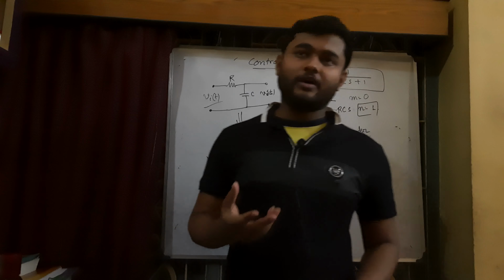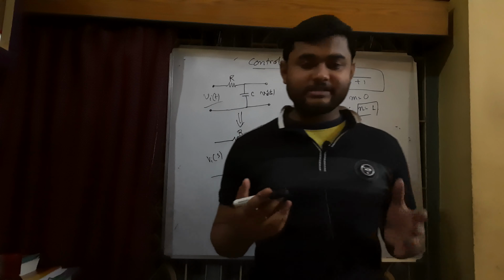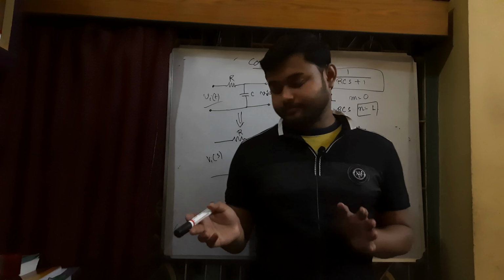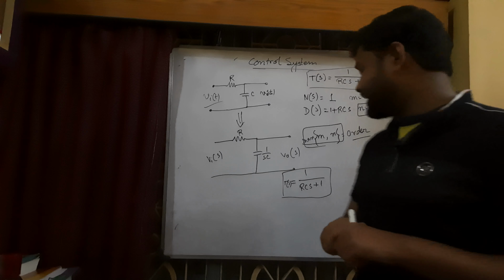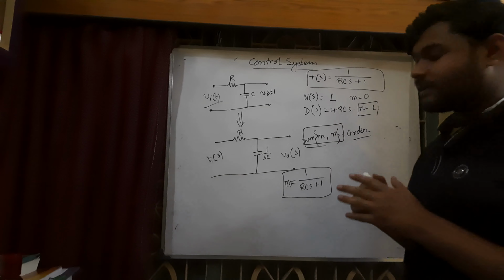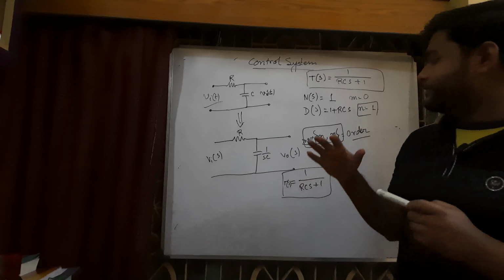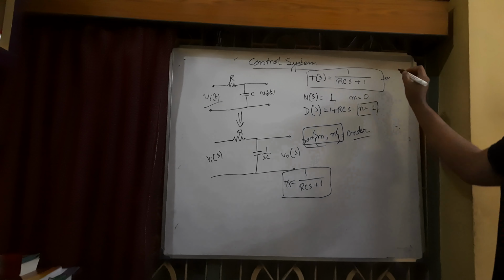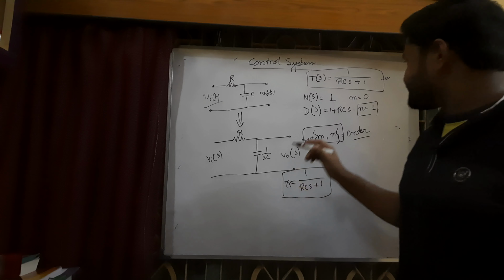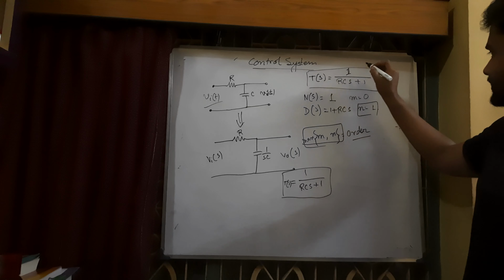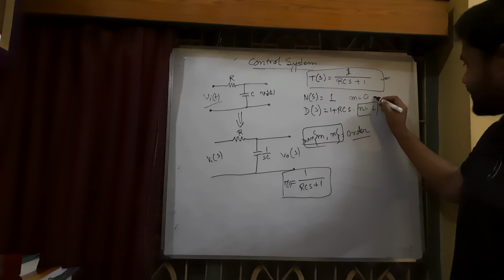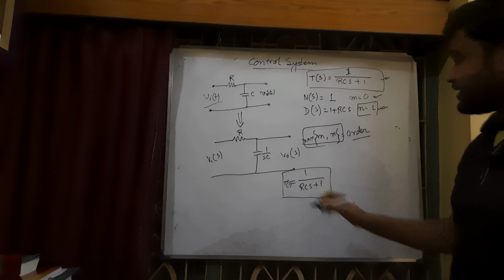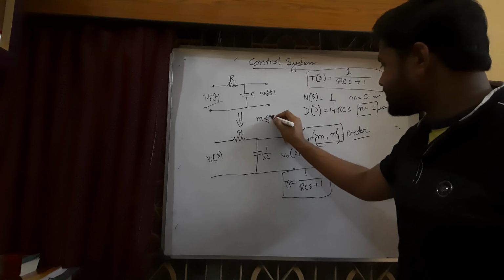Often you might have heard the sentence that the order of the system is the highest power of s in the denominator. Why is it like that? Because in any practical system transfer function, it is always seen that the value of m is lesser than the value of n, or equal. That means m is less than or equal to n.